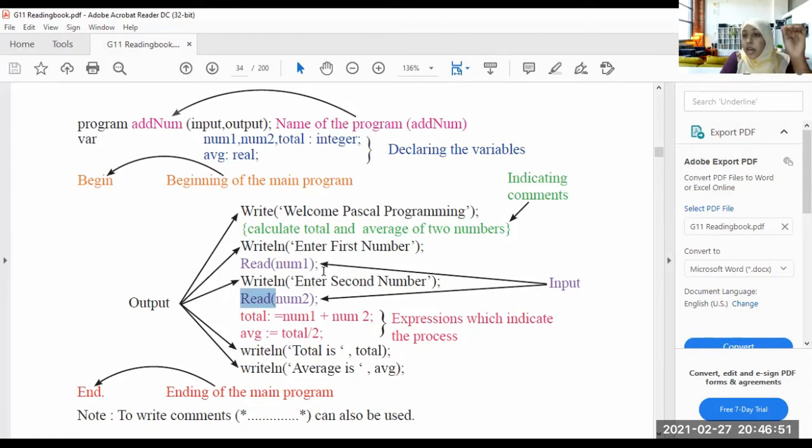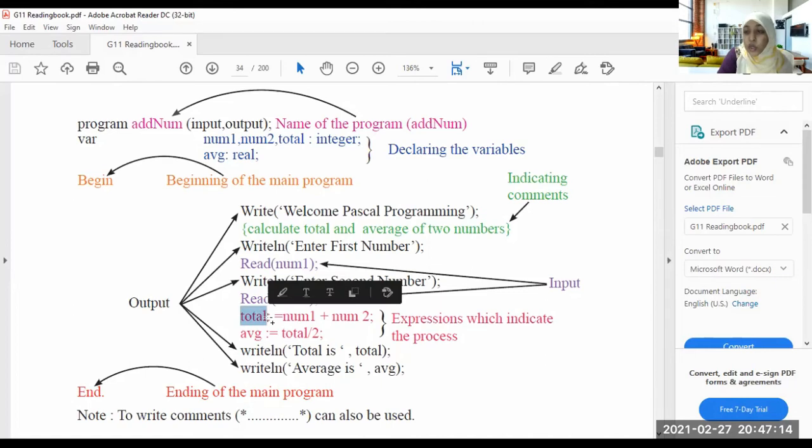Write line means outputs. Now I am going to execute an expression. So here the expression. After the user enters the two numbers, and after the program reads the two numbers, now I am telling the program what you should do.